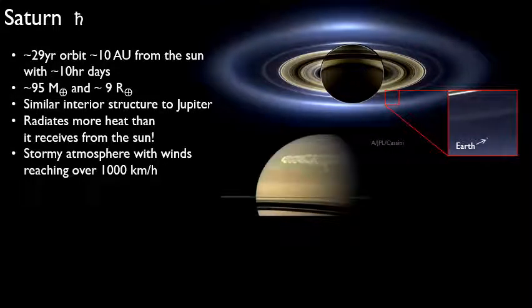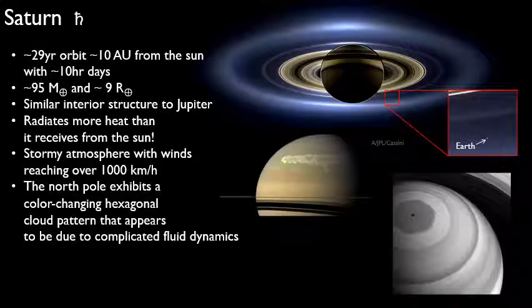The atmosphere is also extremely stormy. The winds here are incredibly high velocity, so 1,000 kilometers per hour. That's not quite the fastest in the solar system, but it's pretty fast. Another neat feature of the atmosphere of Saturn is on the North Pole, you have this hexagonal feature, which is kind of neat. So this isn't photoshopped or anything. That's real.